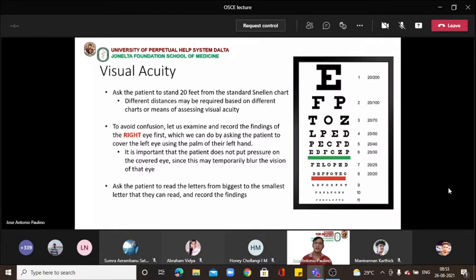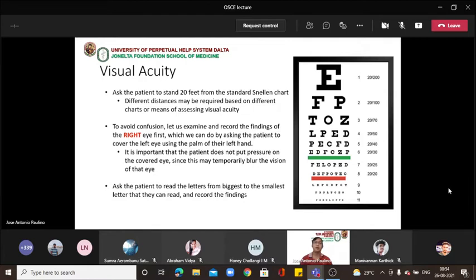If the patient covers his eye, make sure that the hand is cupped over the globe. If you put it flat, it may put pressure on the eye, or if you use fingers to cover the eye, they might see through the small holes, giving erroneous results. So please make sure they use their cupped hand over the eye that's not being tested.